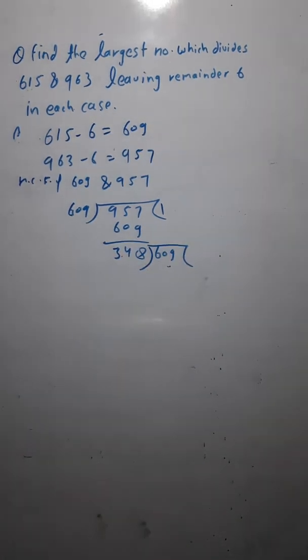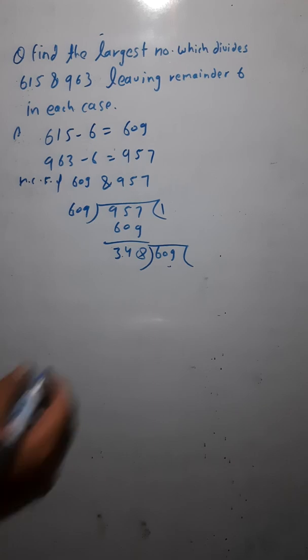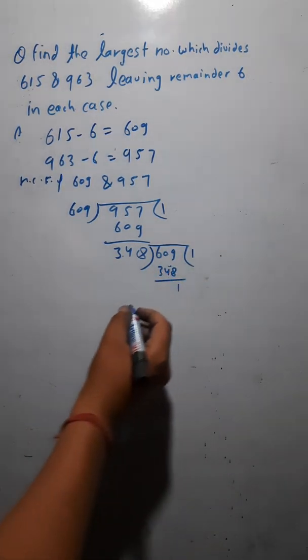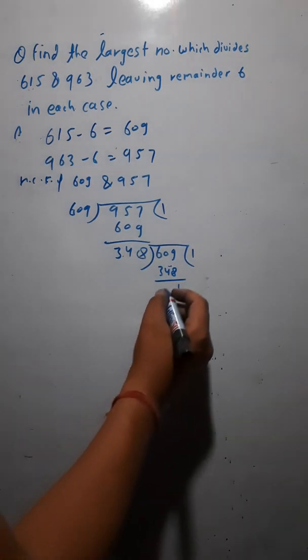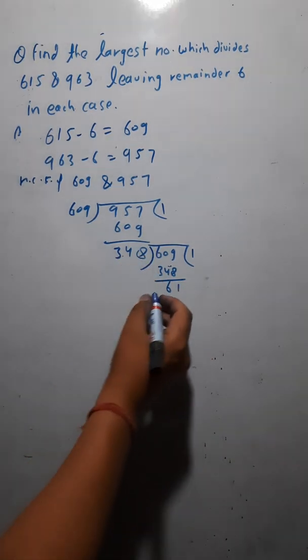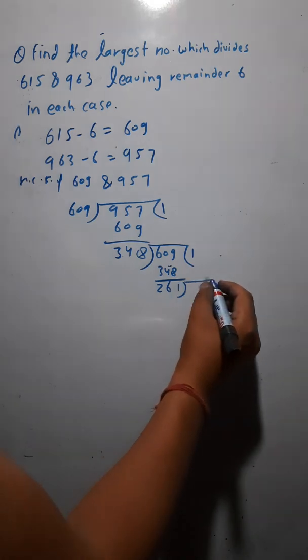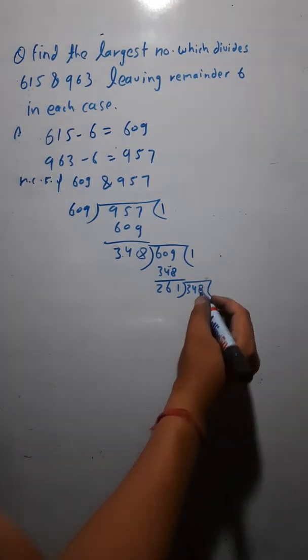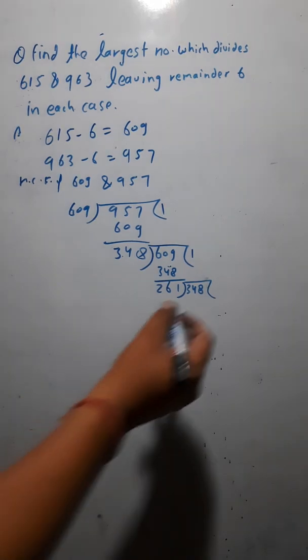Divide 609 by 348. How many times would it go? Two times? No, only 1 time. Subtracting, the remainder is 261. Again divide 348 by 261. How many times would it go? Again 1 time.